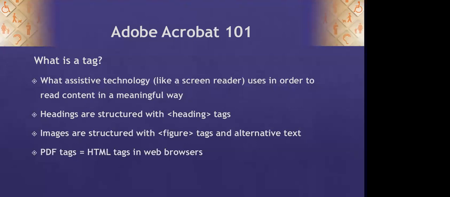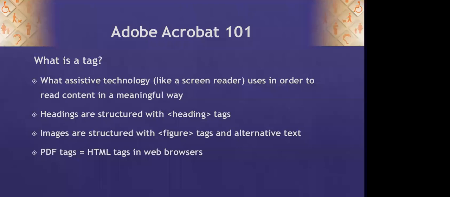The tag is what assistive technology uses in order to read content in a structured, meaningful way. So for example, heading tags are wrapped around headings that break up your content. Images are wrapped in a figure tag and alternative text is applied to it.